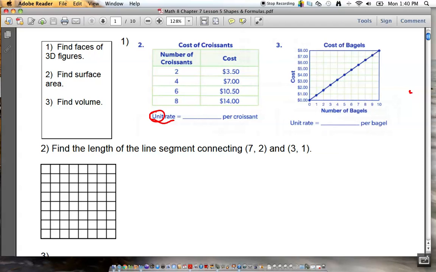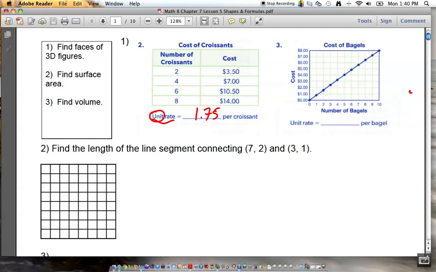Unit means one. Very good. So they're asking, how much does 1 croissant cost? So if it's $3.50 for 2, you divide and you get $1.75 per croissant. Okay? Again, the information is coming to you in a table. You need to be able to interpret reading the table and so on.